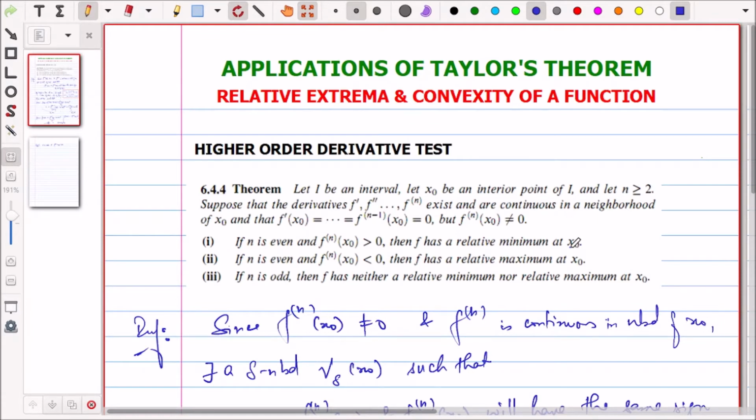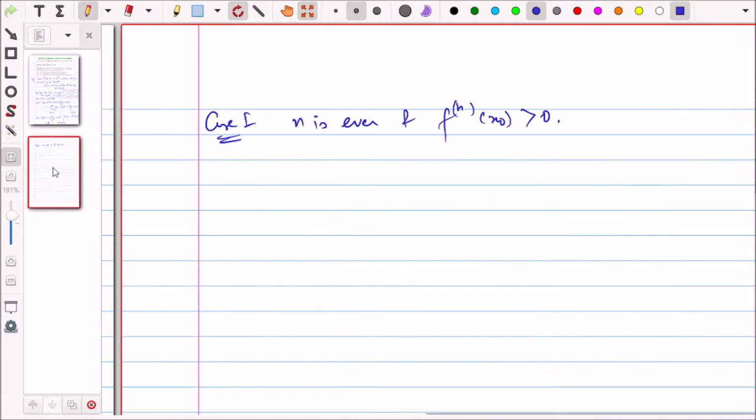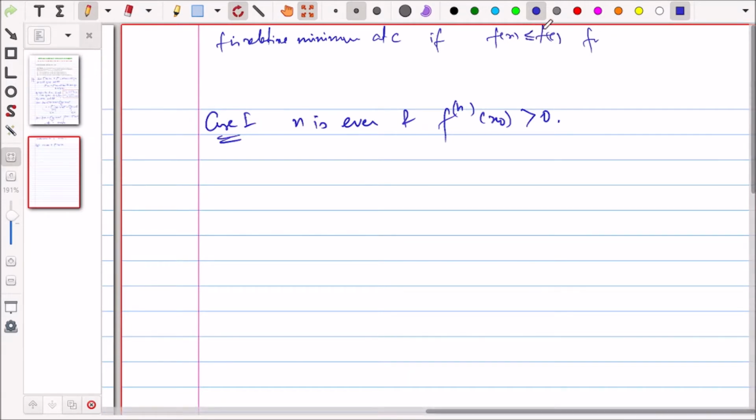When will a point be a relative minimum? What is the definition? No, the basic definition. f has a relative minimum at c if f(x) is greater than or equal to f(c) for all x in some delta neighborhood of c. In some neighborhood of c, f(c) should be the minimum value.